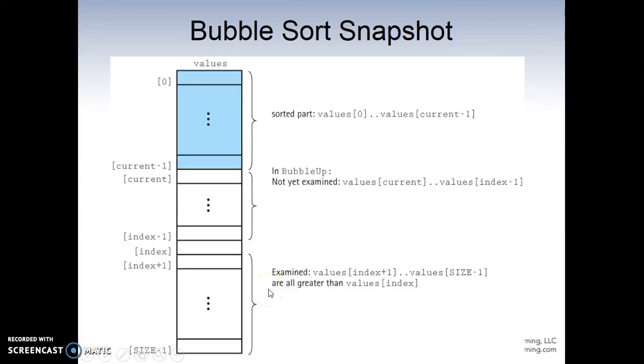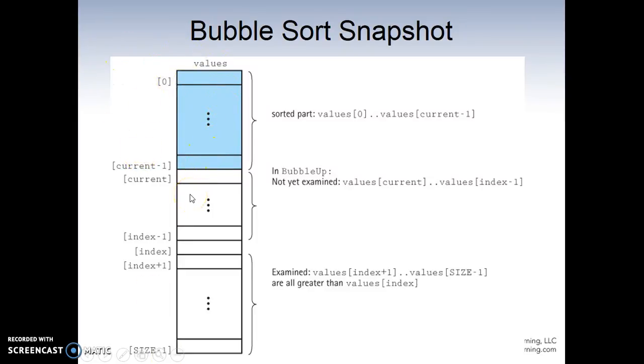So let's look at the image here, the snapshot of BubbleSort. So we're going to have the blue, which is the sorted part, and white unsorted part, which is starting from index 0 to current -1, and the current to the size -1, those are the unsorted part. Right, 0 to current -1 is the sorted part.